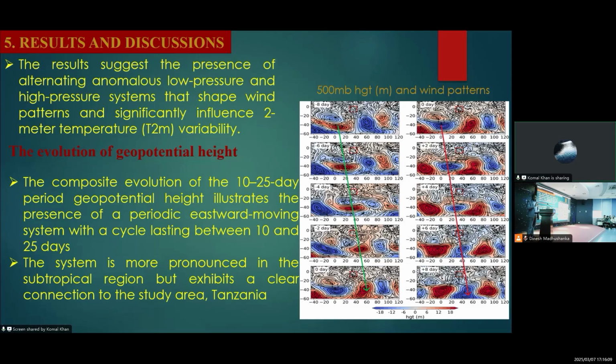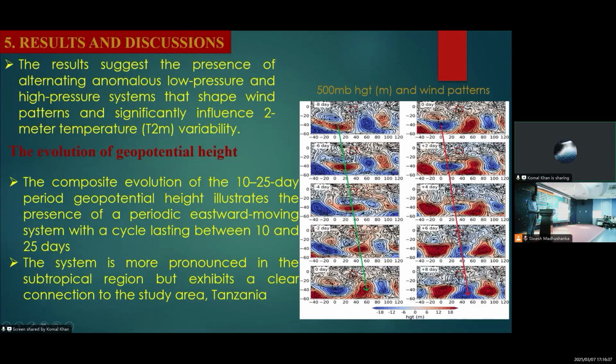an anomalous system moving from lag -8 to lag 0. We see the eastward movement of anomalous highs. This is a geopotential height key, and it indicates that the areas which are red are highs.